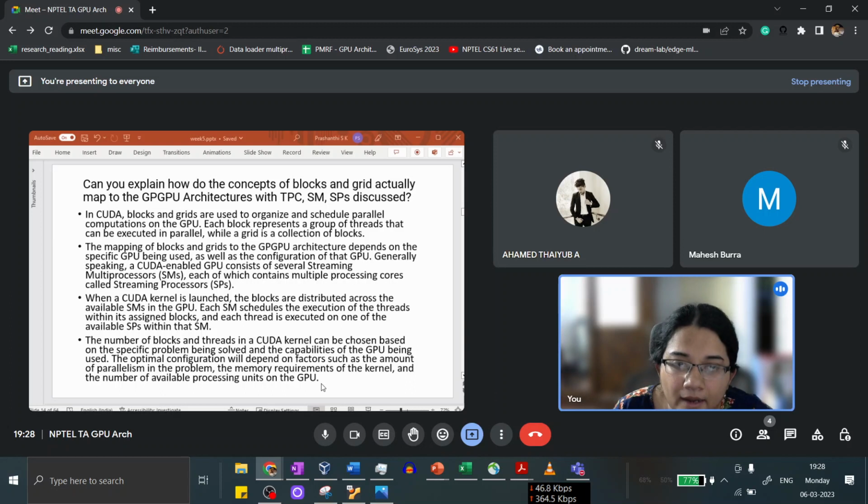And if I give you a hardware and ask you what block and thread should be used for this hardware, you still can't say that because it depends on the problem being solved. Some configuration might work very well for one problem and might not work well for another problem. So it is kind of a mix of the two, and that's why it involves some amount of trial and error most of the time.